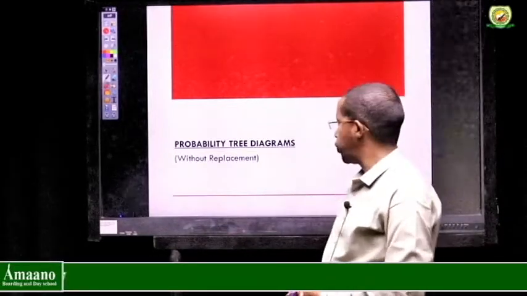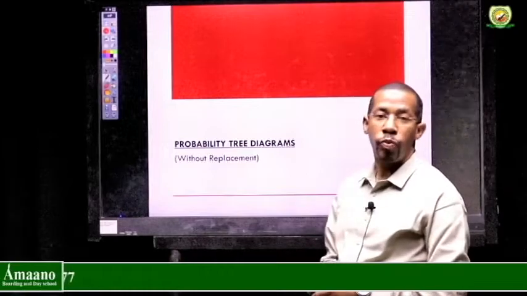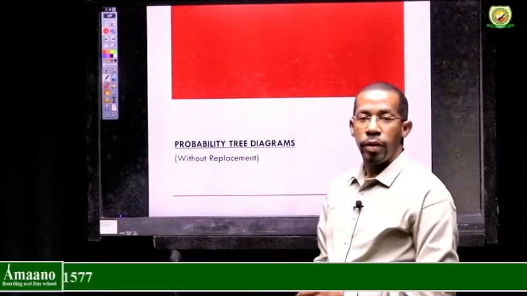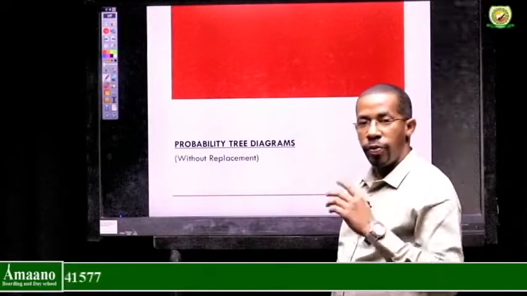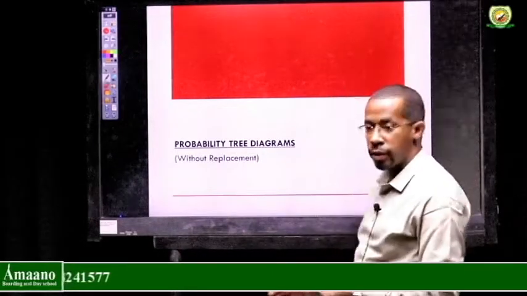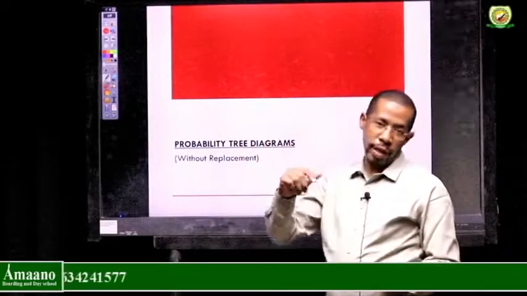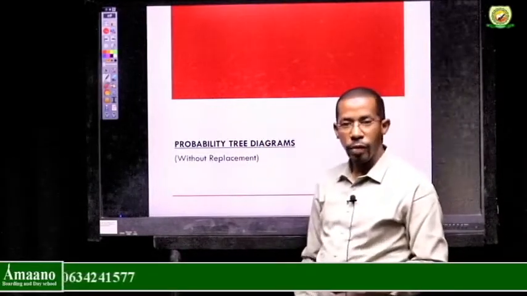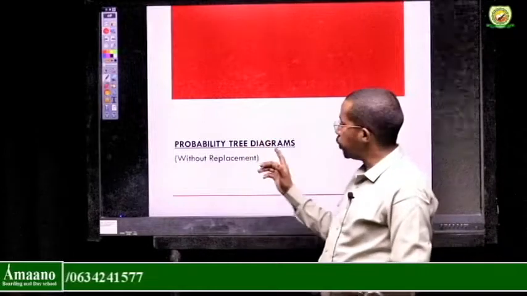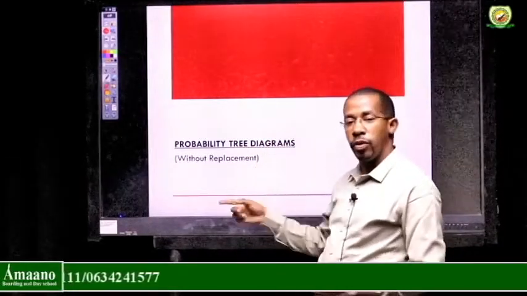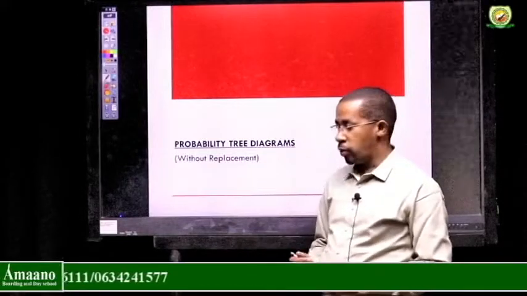Welcome to our second lesson on probability tree diagrams. In the previous lesson, we discussed probability tree diagrams with replacement. Now, in this lesson we will see probability tree diagrams without replacement. What does this mean?